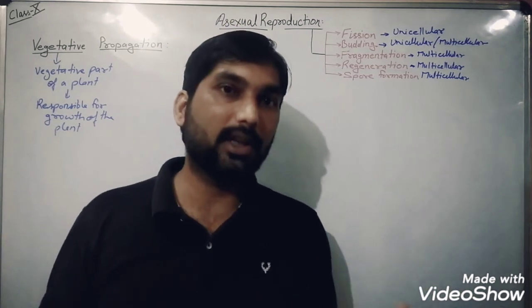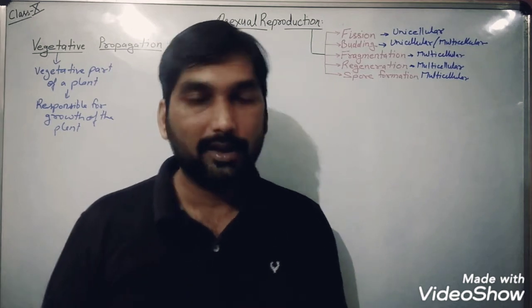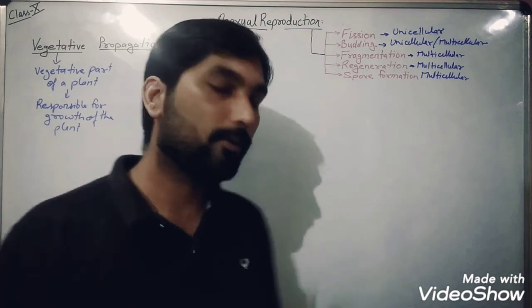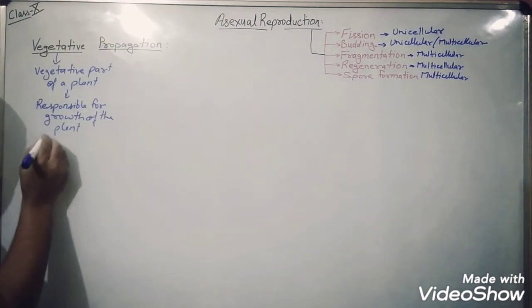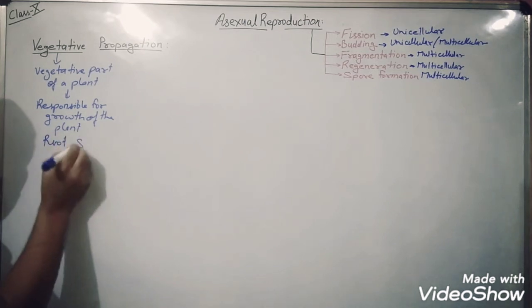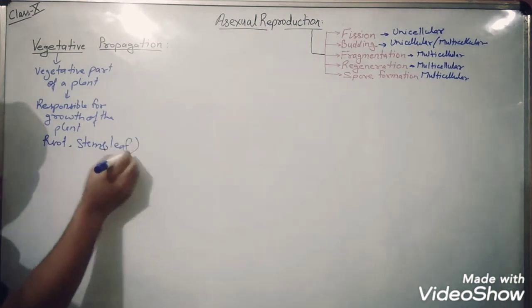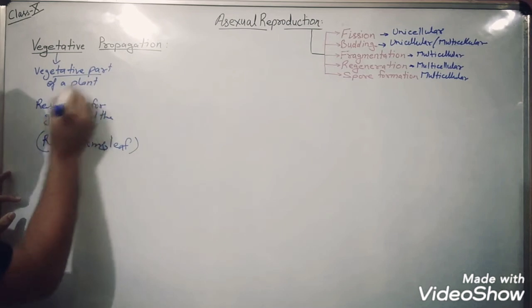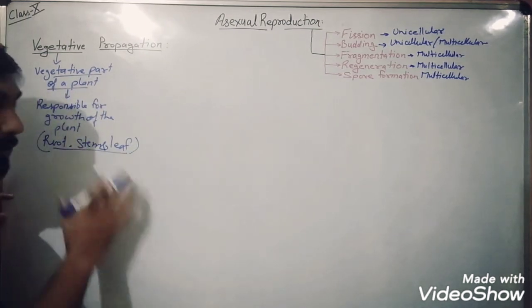And the leaves are the parts where food is synthesized, so their direct impact will be on the growth of the plant. So these three parts, root, stem and leaf, are considered the vegetative part of a plant. What are these parts? Root, stem and leaf.